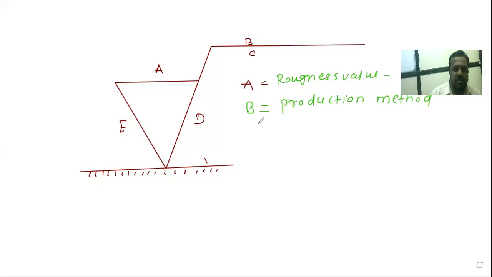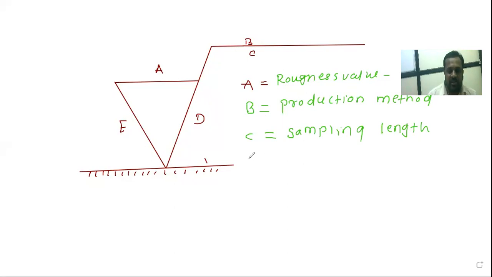Then C indicates the sampling length. What is meant by the sampling length? Sampling length is the length taken for testing purposes. How much length we have taken for testing, that length is called the sampling length.